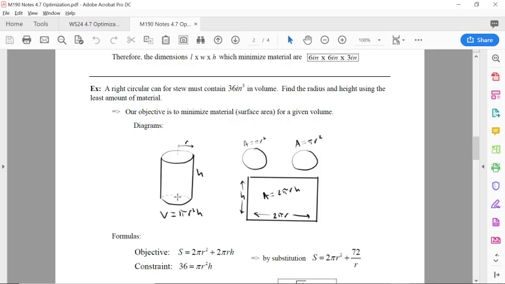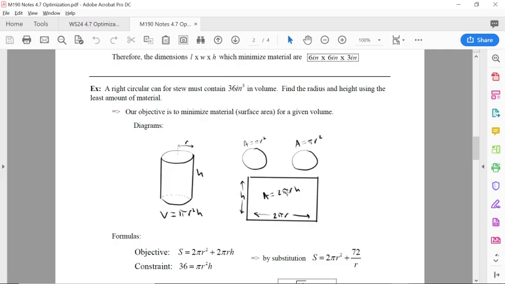The base of the can has a radius r, so the base has an area of pi r squared. I'm drawing the different pieces of our can over here. If we were to take some shears and carve off the lid and the base, those are these two circles here, and then slice up the side of this can and unroll the sides, it would unroll as a rectangle.